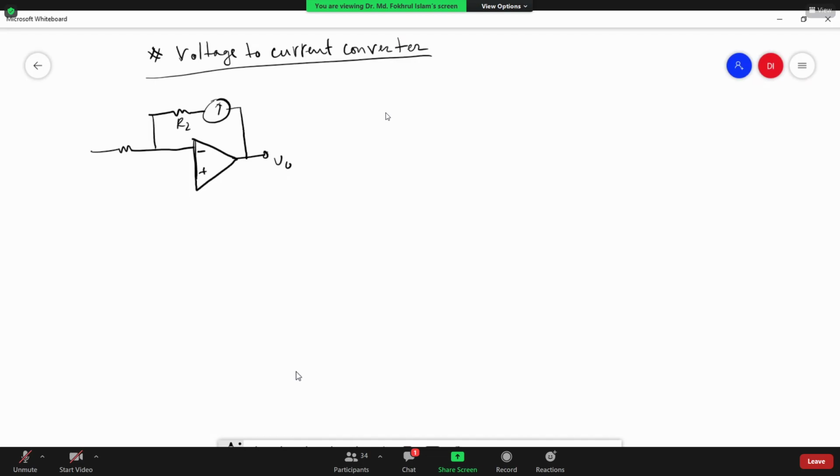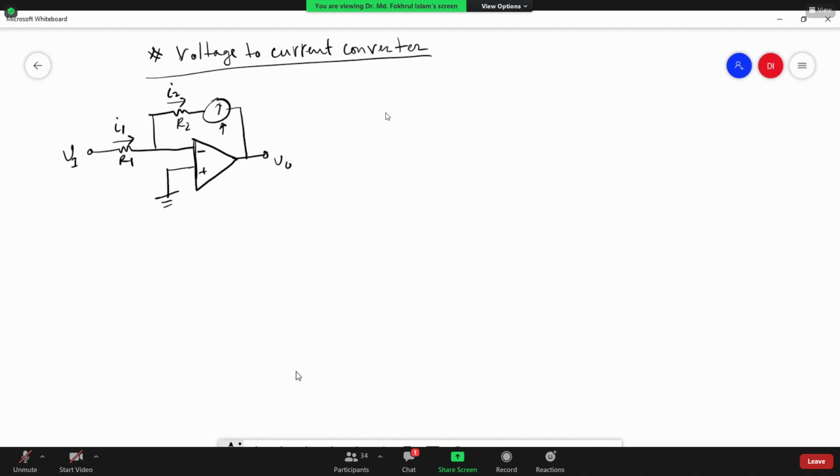So this R2, R1, grounded. Here I1 is I2 and VI. So it's a simple inverting amplifier to drive a coil here in the magnetic circuit.